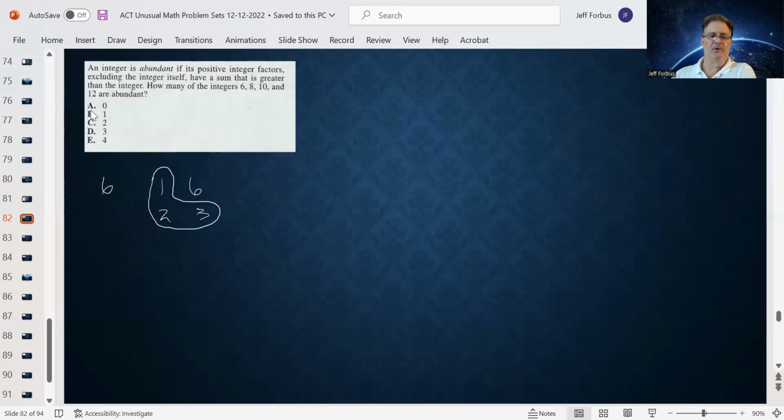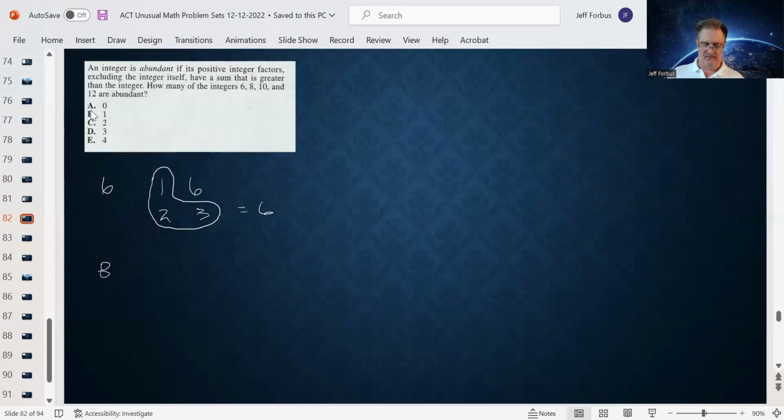So 3 plus 2 is 5 plus 1. That's going to be equal to 6. Now, 6 is equal to 6, right? So 6 isn't greater than 6. So 6 doesn't work.